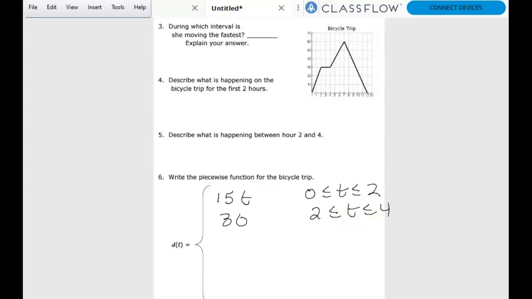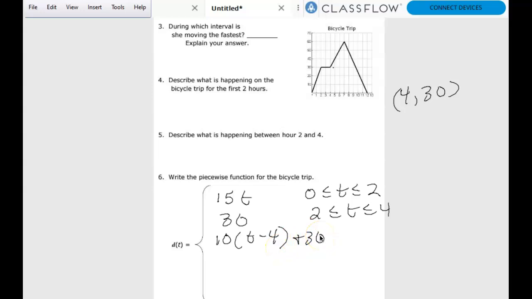Are we good there? So the next one, I just want to know, is that increasing or decreasing? Increasing. What's the slope? Can somebody give me the slope? 10? I think you're right. So this point is 4 and 30. So I'm going to have 10 times t minus 4 and then plus 30.